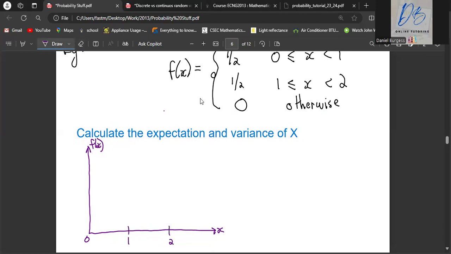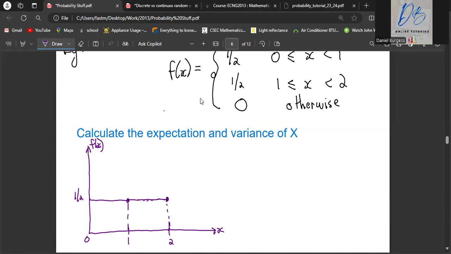Between 0 and 1 it is a half, and then from 1 to 2 it is also a half again. All right, so that's a sketch of the data that we have.